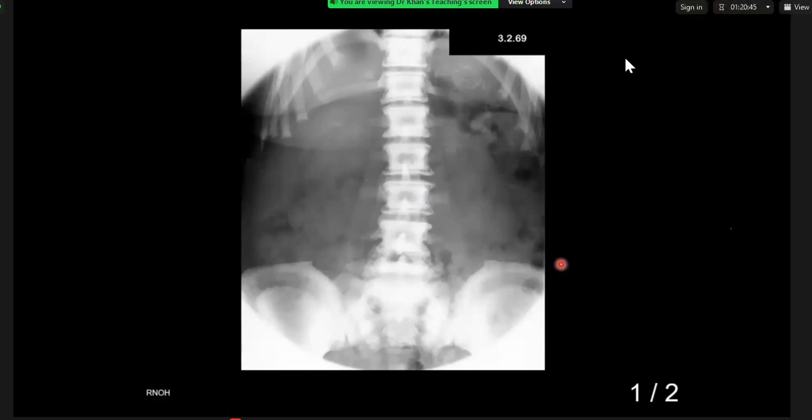This picture frame of the vertebra. Okay. Anything else? I can see some soft tissue calcifications over the left upper quadrant. Okay, no, I'm not interested there. Anything else?